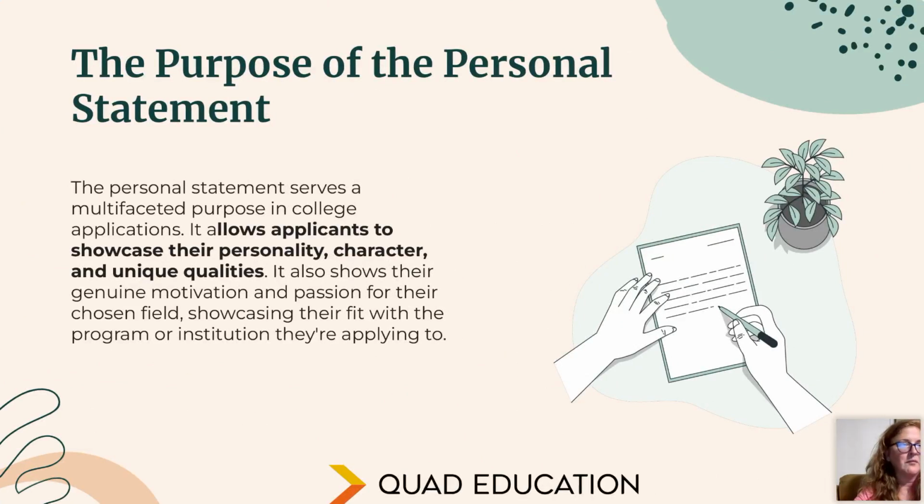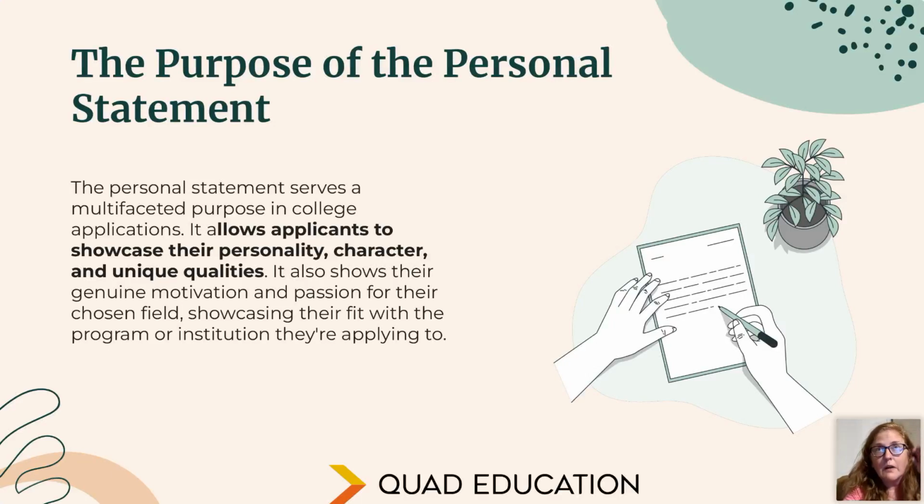Okay, so the purpose of the personal statement. The main purpose of the personal statement in your college application is that you are going to be able to introduce yourself and say some really key things about the person that you are and the amazing student that you are and how you will contribute to the campus community once you are on the campus that you're applying to.